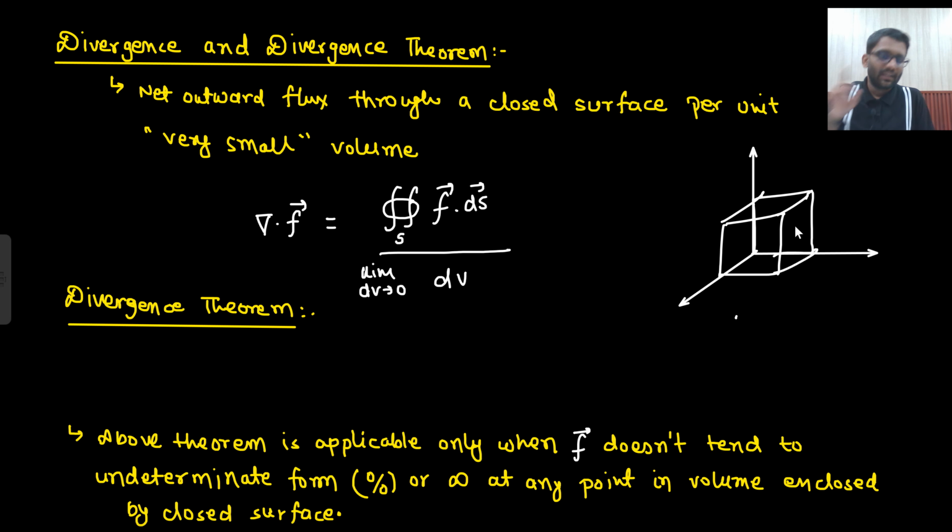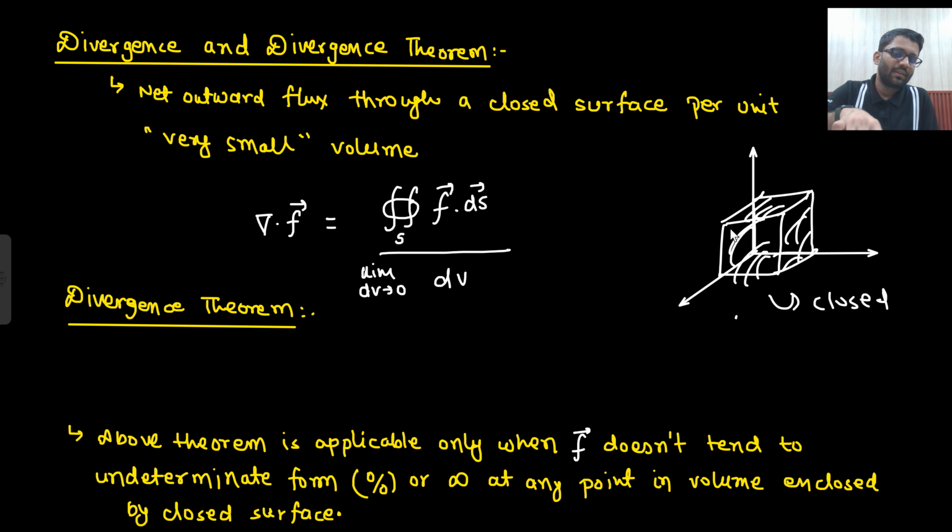There are 6 open surfaces which have made one closed surface. So what is divergence? Total outward flux from this closed surface per unit very small volume.